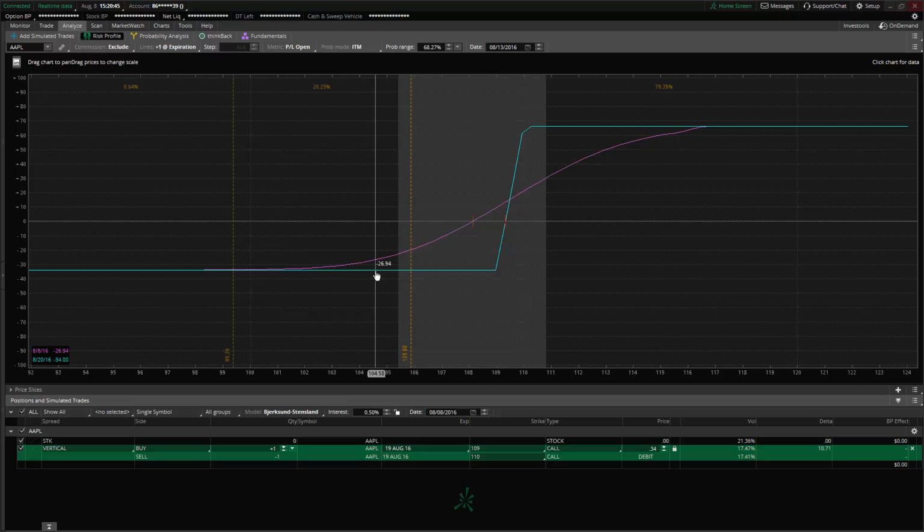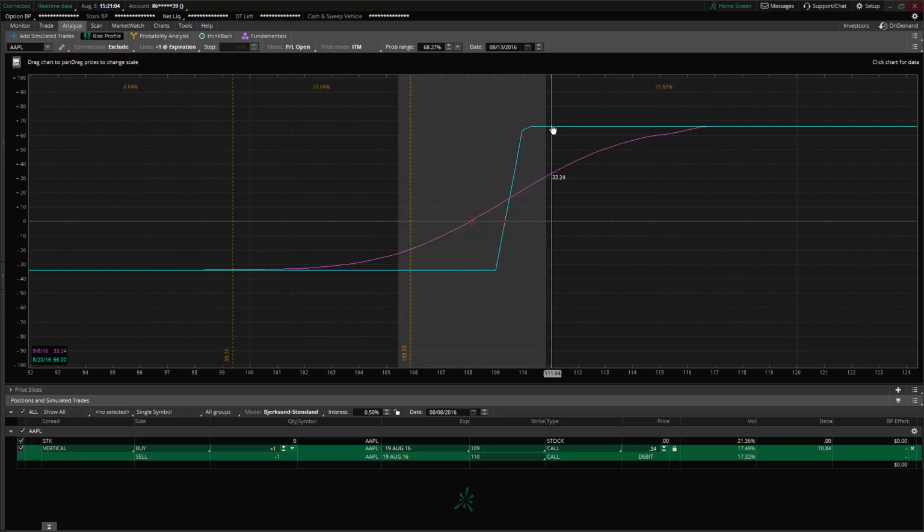Now let's say Apple continues to move higher by August expiration and it closes above that 110 strike, I will capture the full max profit, which will be $66.